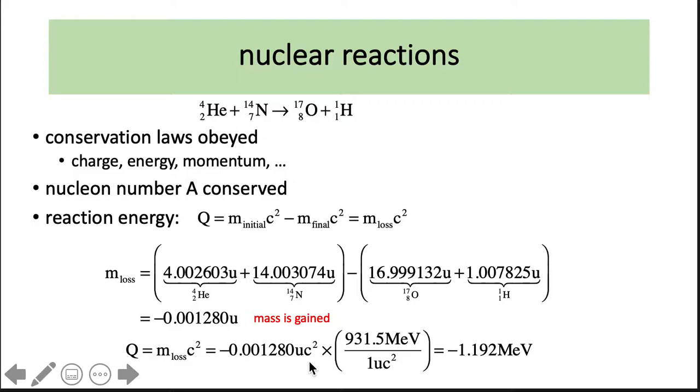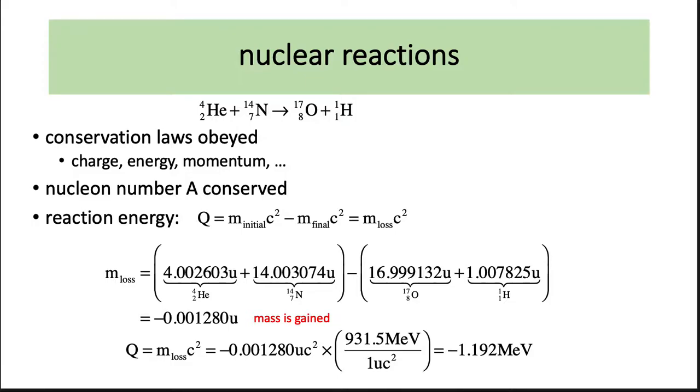A conversion factor to another non-SI energy unit, the MeV, is 931.5 MeV per 1 uc squared. So instead of going through joules, which would work too, it's just more tedious, we can go directly from uc squared as an energy unit to MeV. In this case, multiplying that mass loss by 931.5 gives you minus 1.192 MeV.